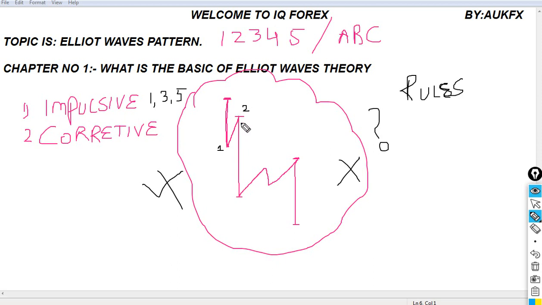That means if the next wave is another impulsive and we name it 3, this correction part is called 4. So according to the rule, the impulsives are basically 1, 3 and 5. This is our rule. And the correctives are basically 2 and 4.